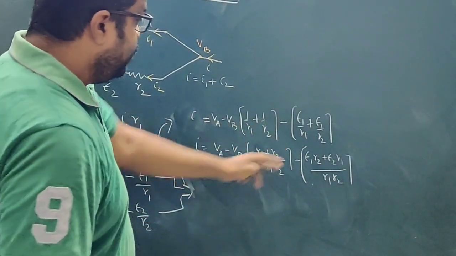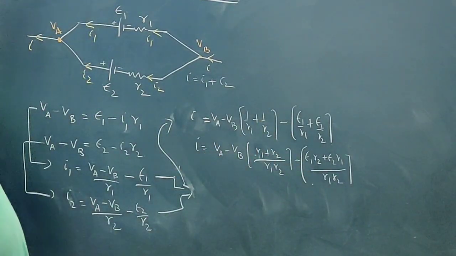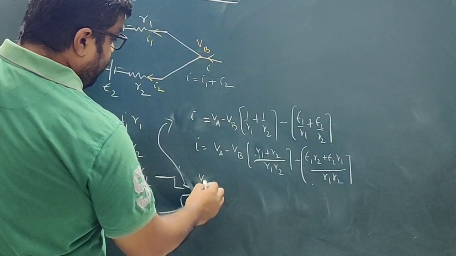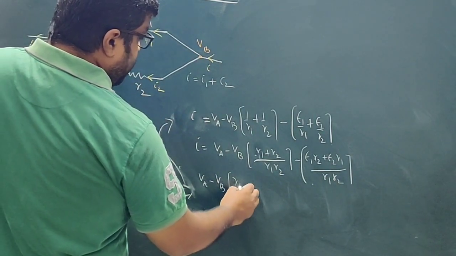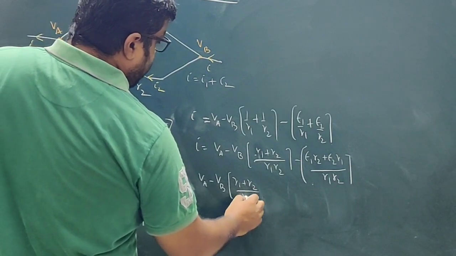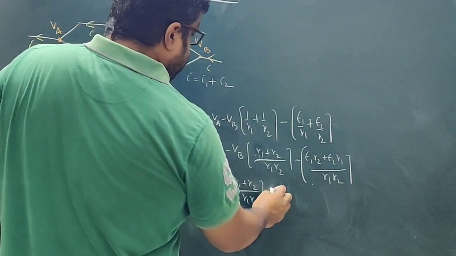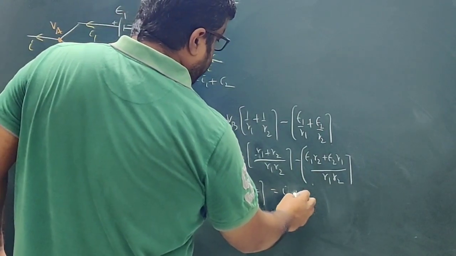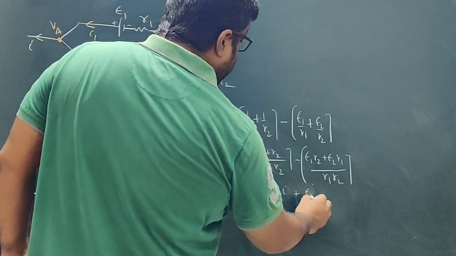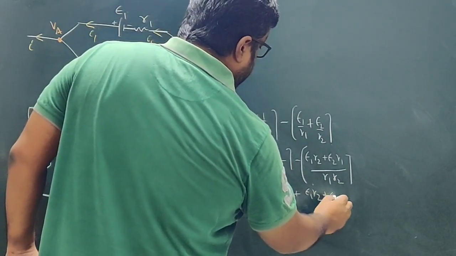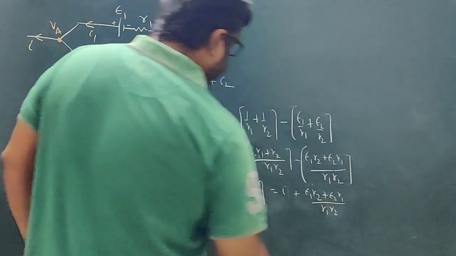So now rearranging, and taking these terms to the other side. We have (VA minus VB) times (R1 plus R2) divided by R1 R2 is equal to I plus this term, (E1 R2 plus E2 R1) divided by R1 R2.